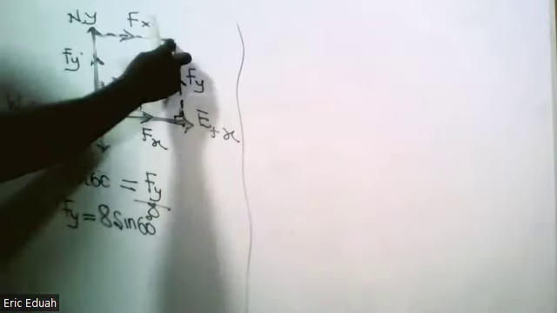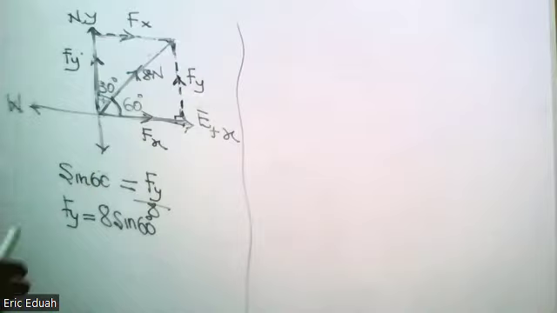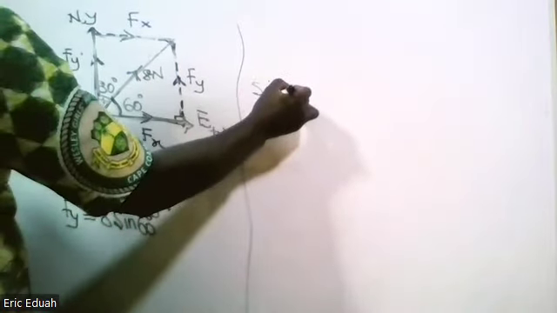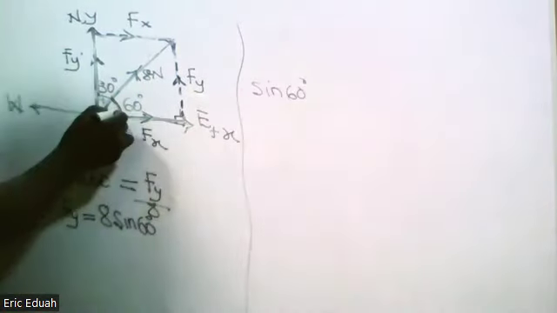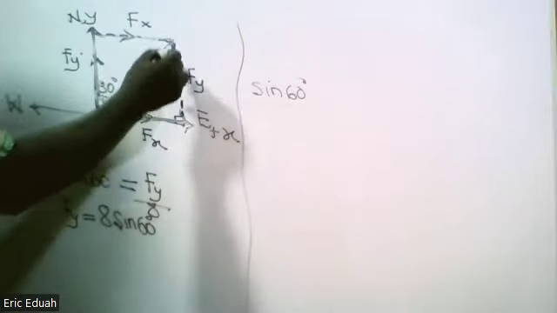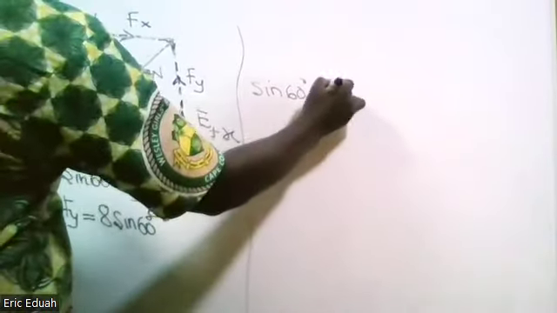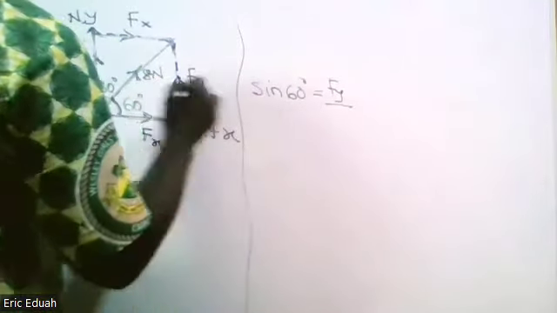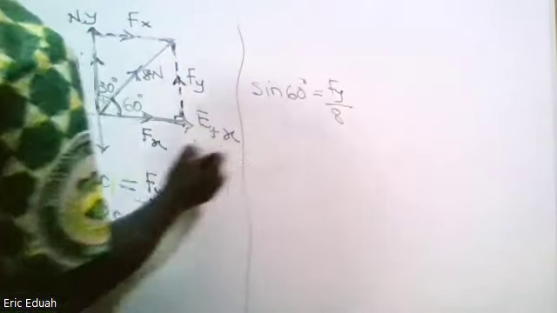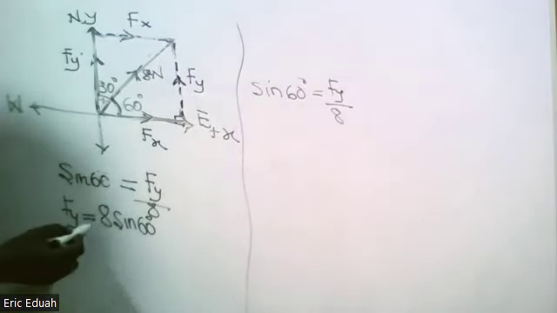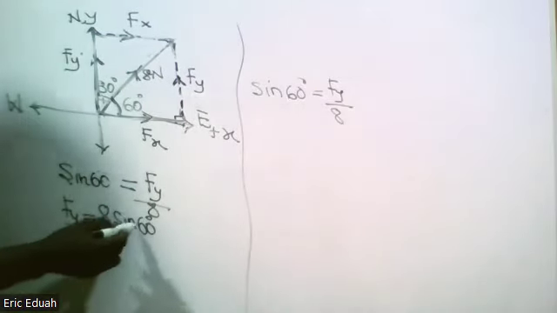So I'm just looking for the opposite. And whenever you are looking for the opposite, knowing the hypotenuse, the obvious trig ratio is to use sine of the angle 60. And sine, which is opposite over hypotenuse, will be Fy over 8. Therefore, the vertical component using the angle 60 will be 8 times sine 60.